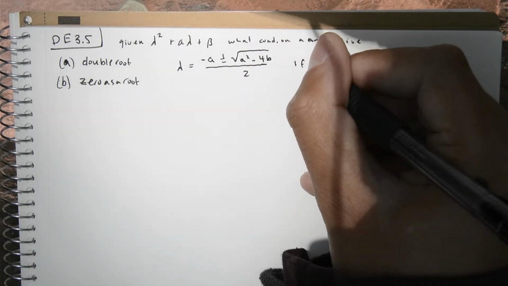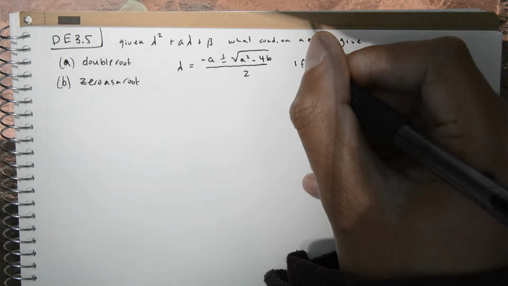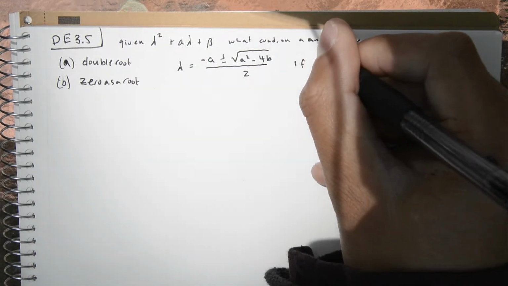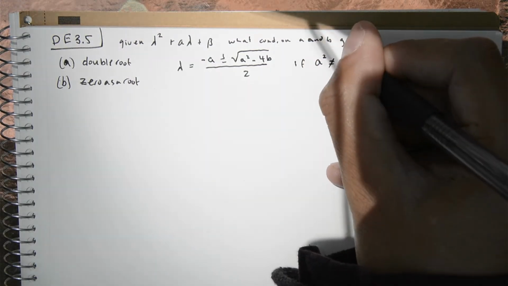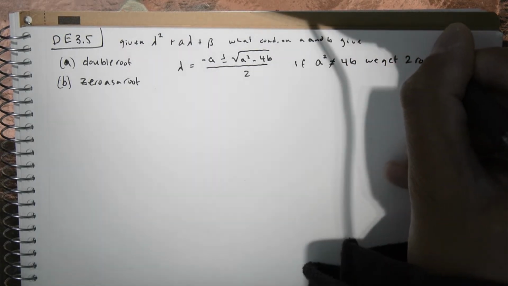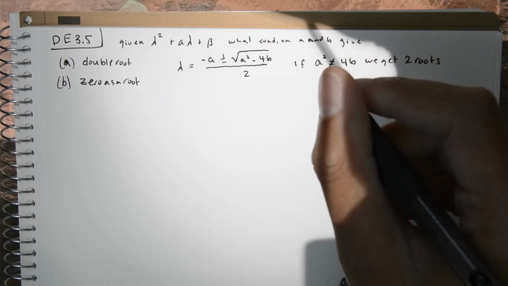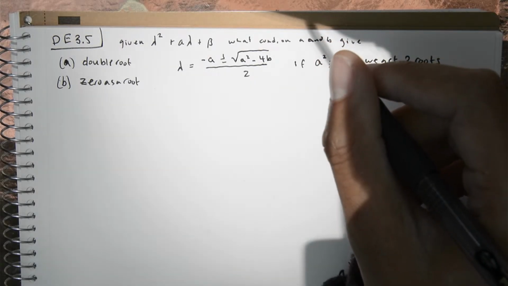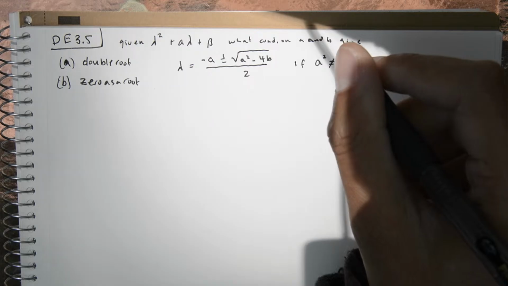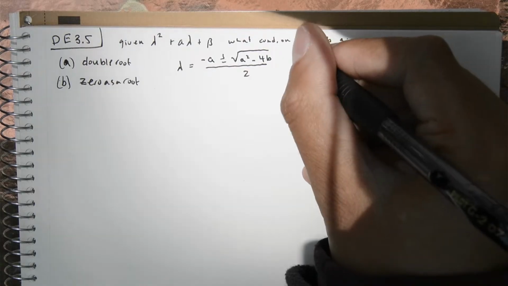If a squared is not equal to 4b, we get 2 roots. Now 0 is a root. So this is for part A.